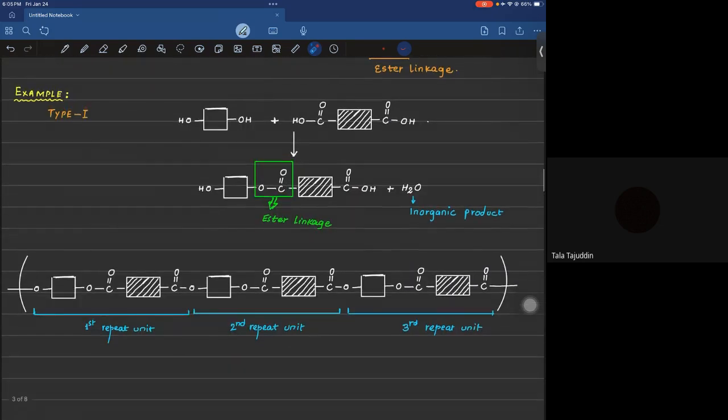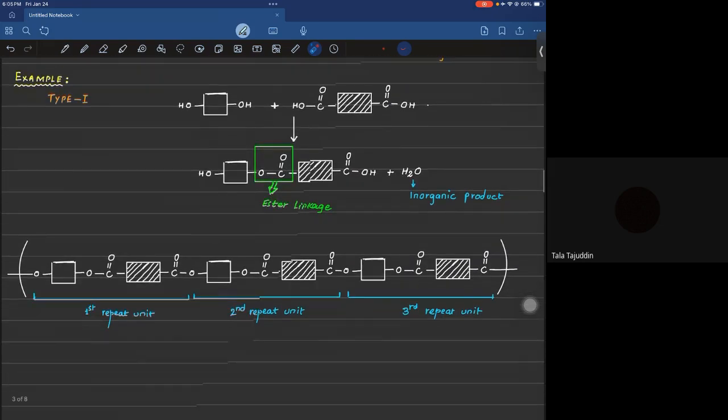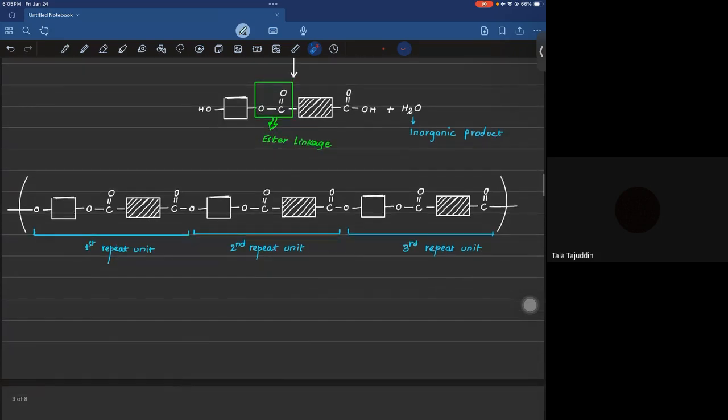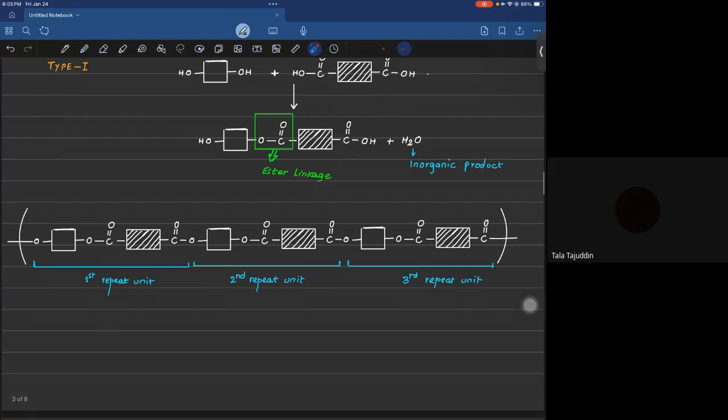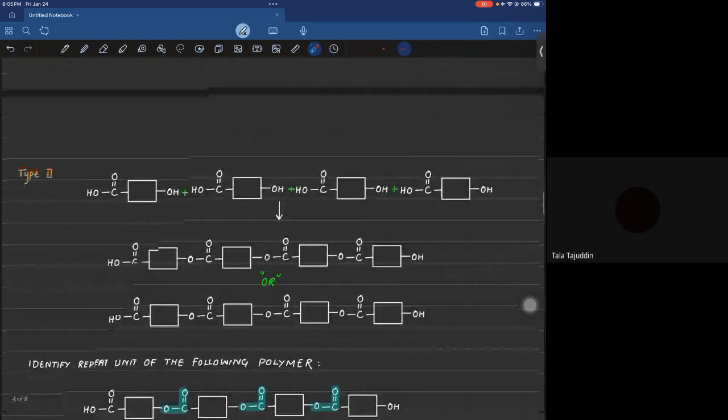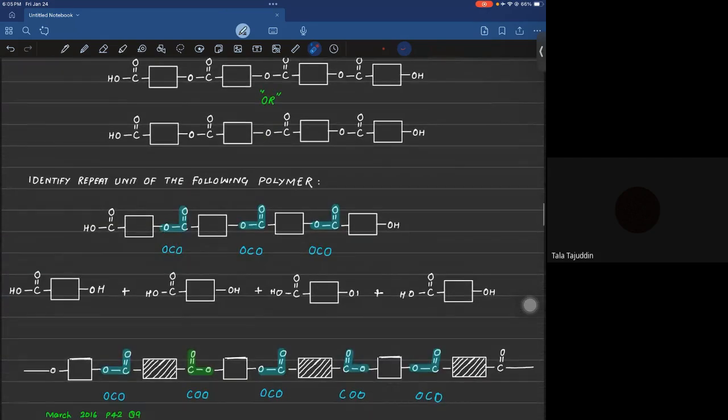Before starting this, I told you we have two types of polymers. Whenever the examiner asks you to identify the monomers by looking at the polymer, you have to see the sequence of this bond. In this one you have OCO, the same sequence.